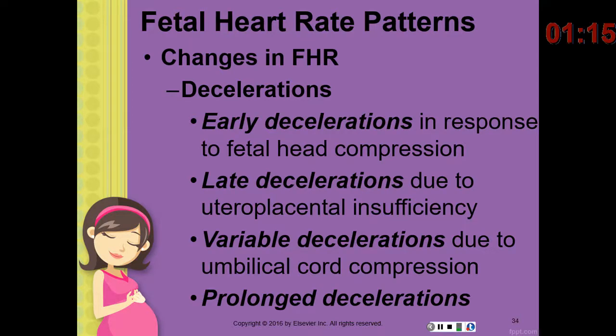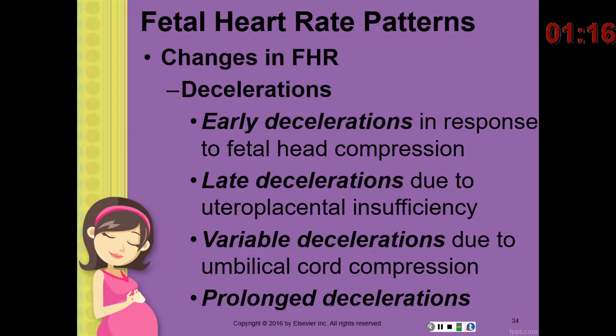Variable decelerations then are due to umbilical cord compression. Like I said, sometimes the baby will squeeze the cord until they get dizzy, and then they'll let go and the heart rate will go up again. So these variable decelerations are usually V-shaped. They're kind of pointed. They might be W-shaped, but usually it's a V-shape. It's got a rapid descent and recovery.